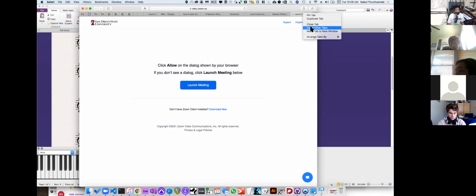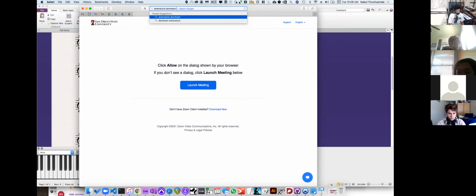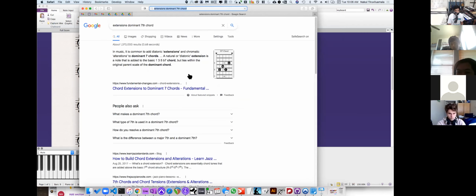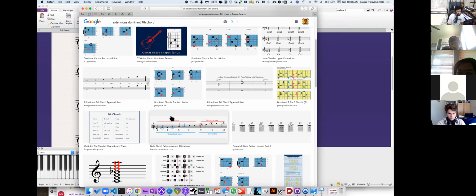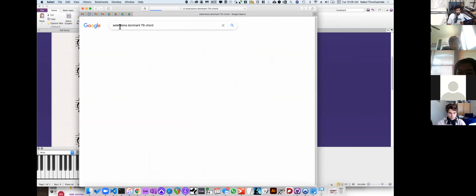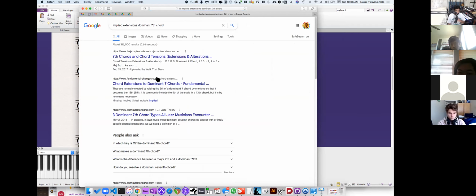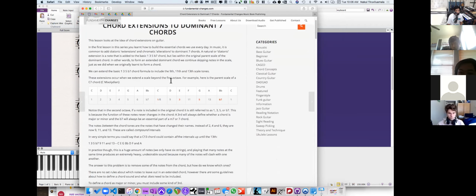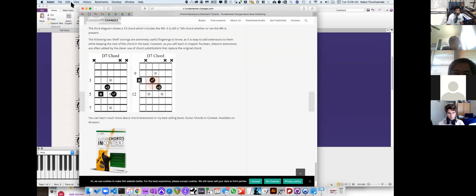Extensions, dominant seventh chord. Implied extensions. It's not giving me charts of this.